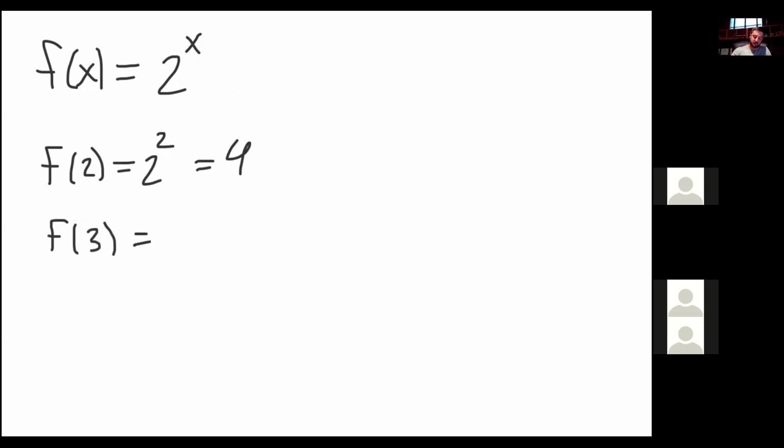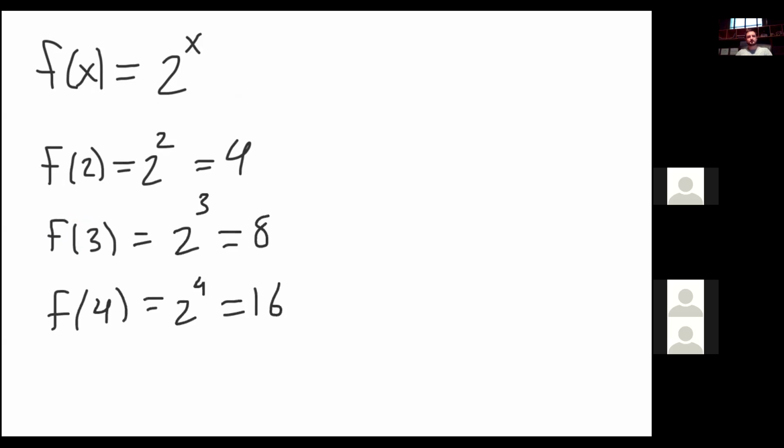F of 3 would be 2 cubed, which would be 8. F of 4 would be 2 to the 4th, 16, and so on. So we're doubling as we increase the value by 1, because it's 2 to the x.